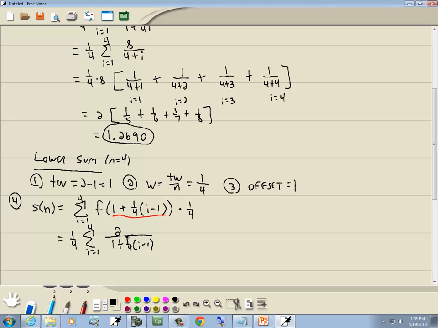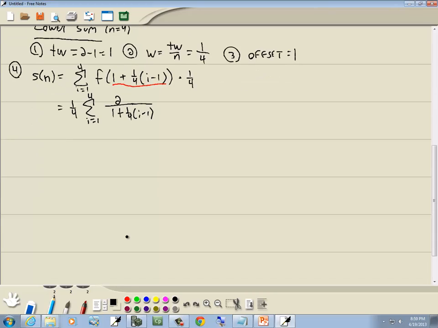Now we want to get rid of the fraction within the fraction. So we can multiply everything by 4, multiply 2 by 4 and we get 8. Multiply the 1 by 4 and we get 4. Multiply the 1/4 by 4 and that gives us 1 times i minus 1, which is just i minus 1. So we're multiplying everything by 4.